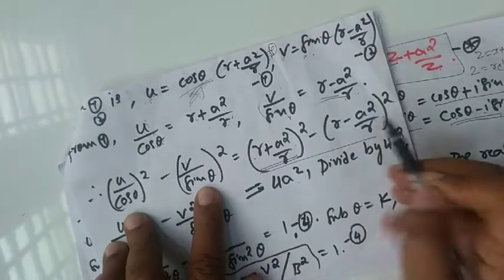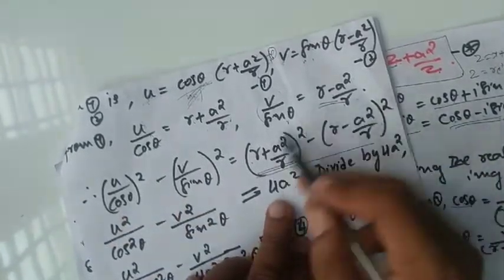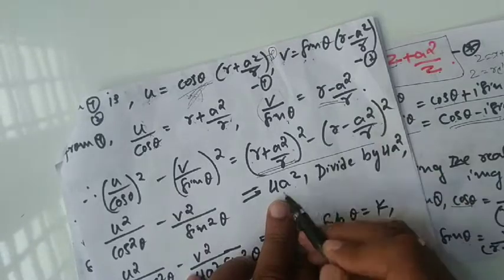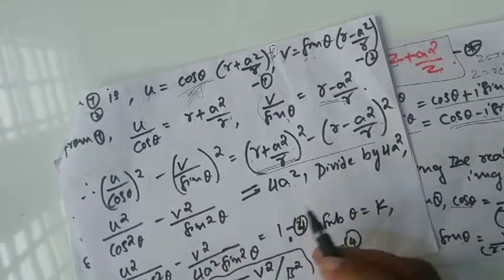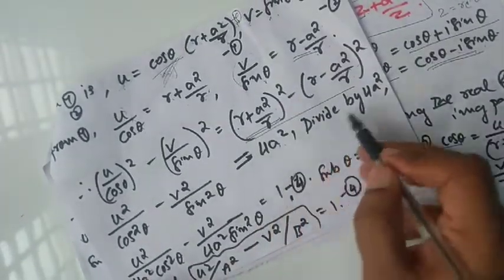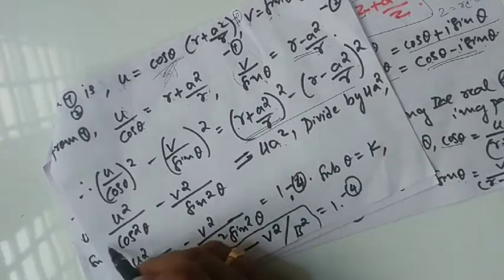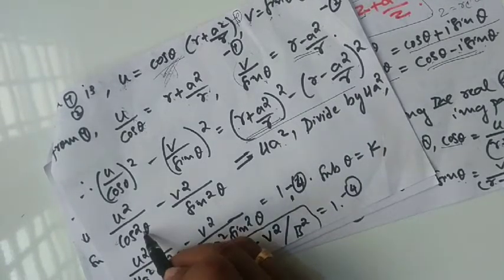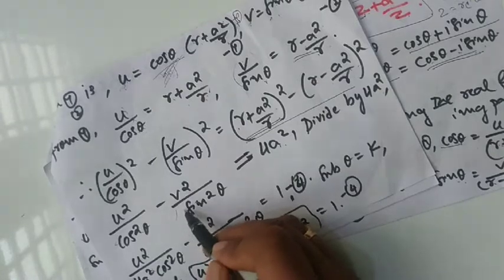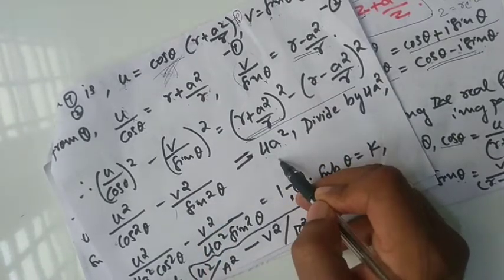Now when I simplify this RHS, you are getting 4a square. Now divide both sides by 4a square. When I divide by 4a squared, 4a squared by 4a squared is 1.